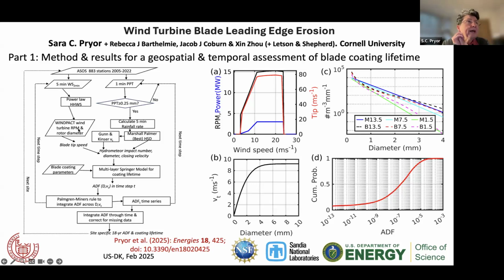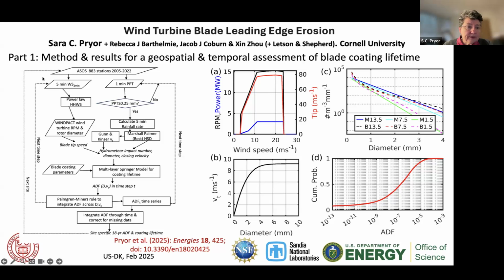We've used the WindPack 3 megawatt because it's almost exactly the rated capacity of an average wind turbine in the US. And its characteristics are public, so we can know its RPM curve, its power production, and also its tip speed as a function of the hub height wind speed. And of course, we need that tip speed because we need it for the closing velocity.